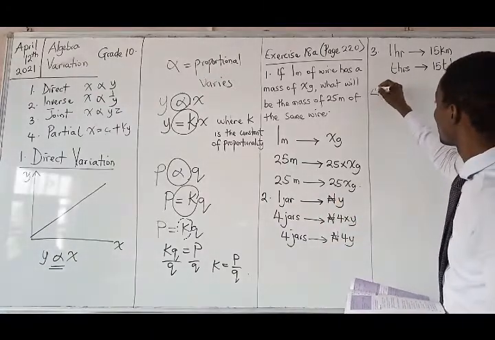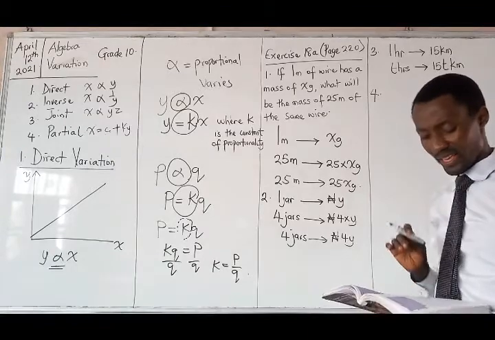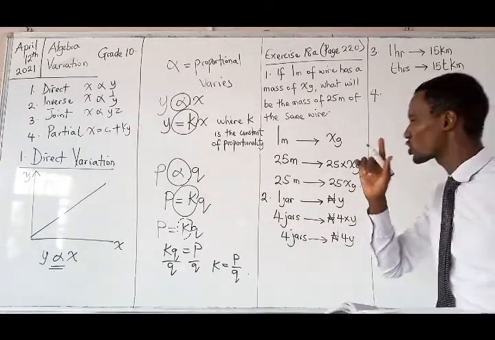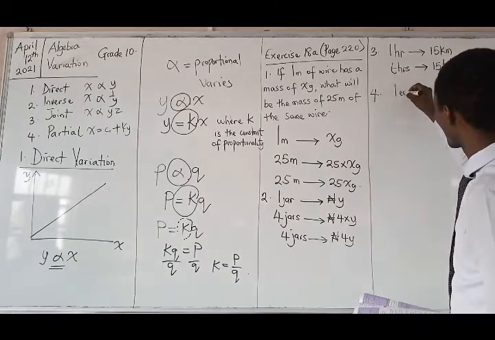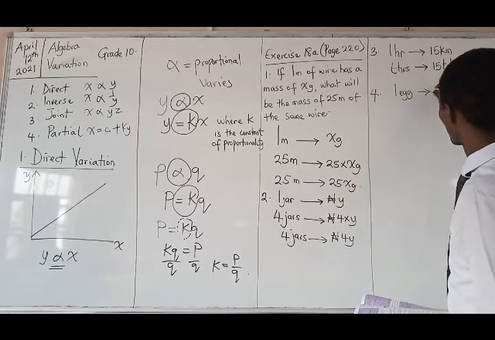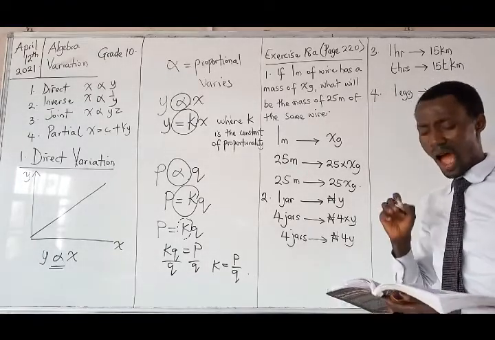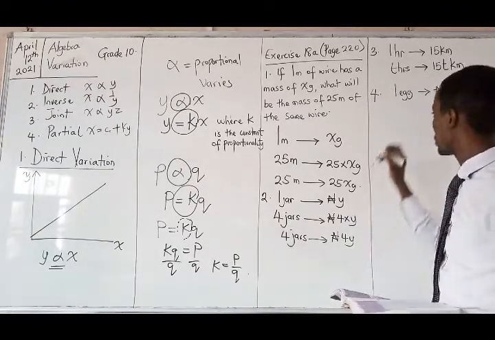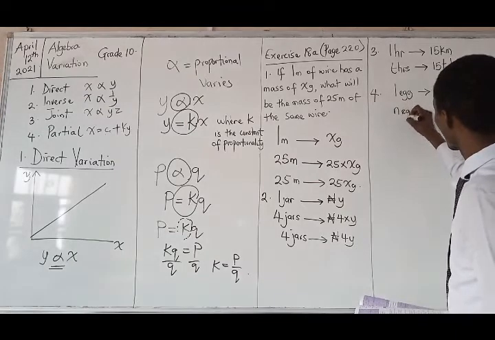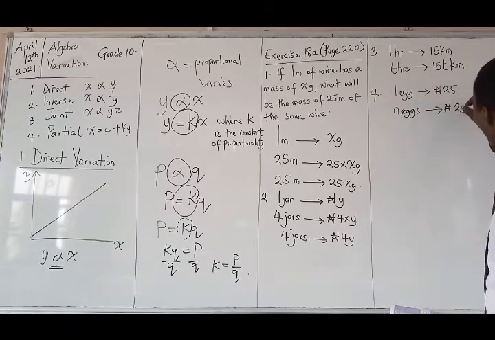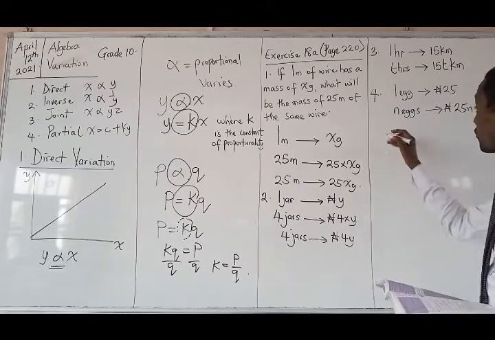Now number 4, we are told that if eggs cost 25 naira each, so 1 egg is equal to 25 naira. Now the question is, how much will n eggs cost? So n eggs will cost 25 times n naira. We go to question 5.